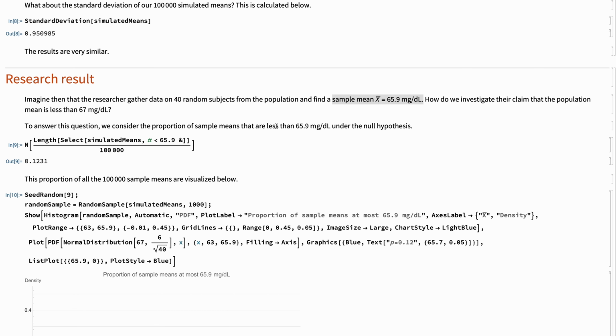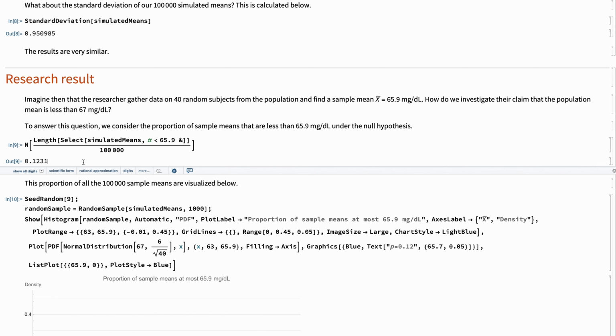And I can do that very simply, and that's what I've done here with the code that we can see there. I said, calculate for me the proportion of those 100,000 values that are 65.9 or lower, or at most 65.9. And it comes back 12.31% of those 100,000 values were at most 65.9. In actual fact, that is my p-value.